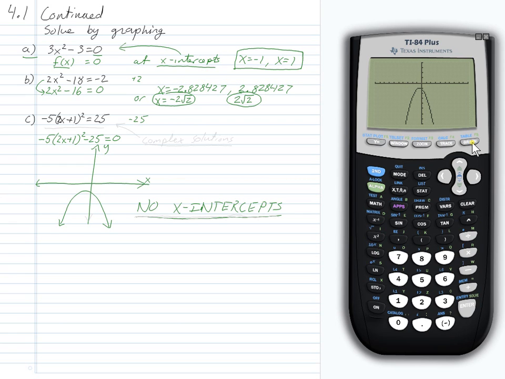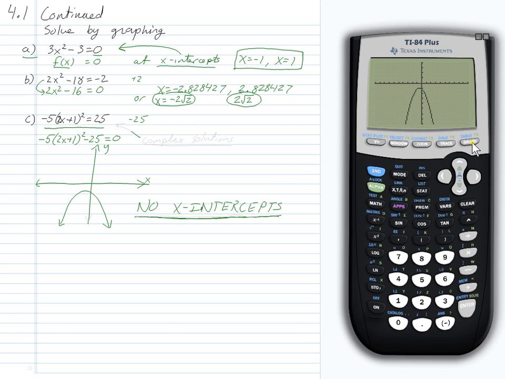So the relationship between the existence of x-intercepts and solutions to the associated equation: if there are x-intercepts, those x-coordinates, those zeros, are solutions to the equation. If there are no x-intercepts, it's because there are no zeros, there are no solutions to that equation, at least not in the real numbers.